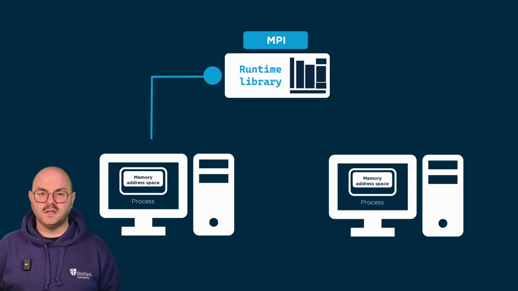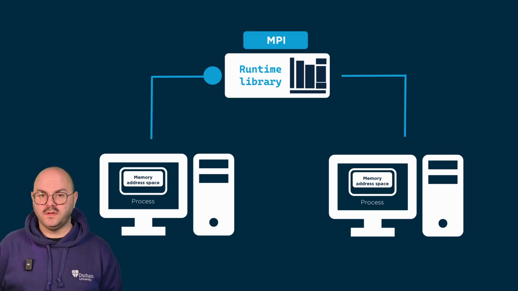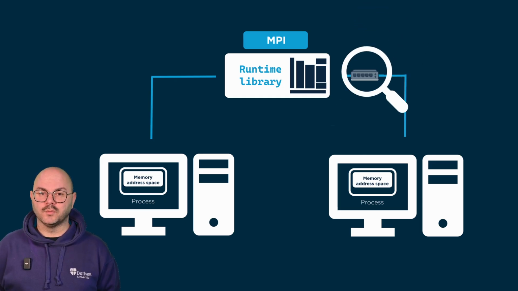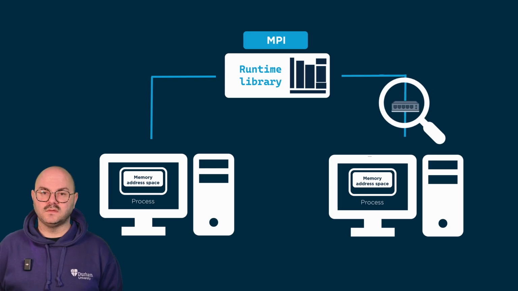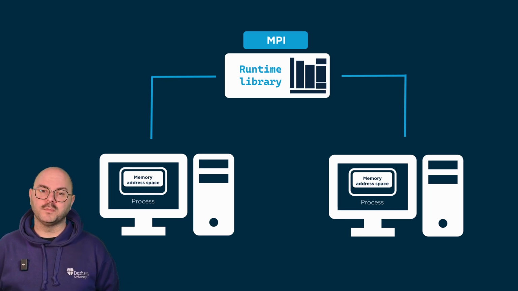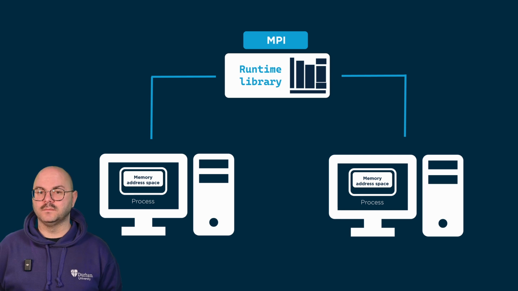Upon receiving the data, the library contacts the next available connector, requesting that the data be sent, for example, across the network. The data then traverses through the network switch, which may route it through various network components, possibly including multiple switches or routers, until it reaches its destination node. This entire pathway is abstracted away from the programmer, but understanding it is crucial when optimizing the performance of MPI applications.